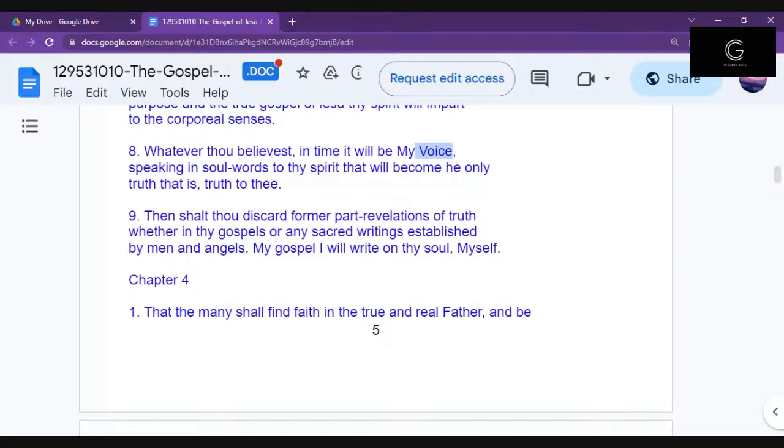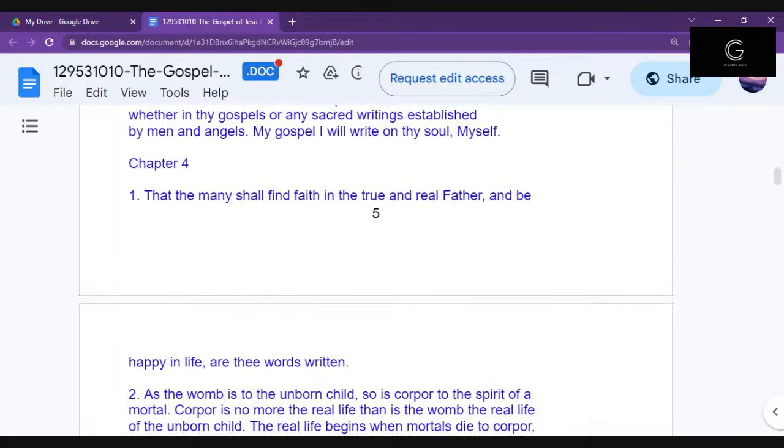Then shalt thou discard former part revelations of truth, whether in thy gospels or any sacred writings established by men and angels. My gospel I will write on thy soul myself, that the many shall find faith in the true and real Father and be happy in life.